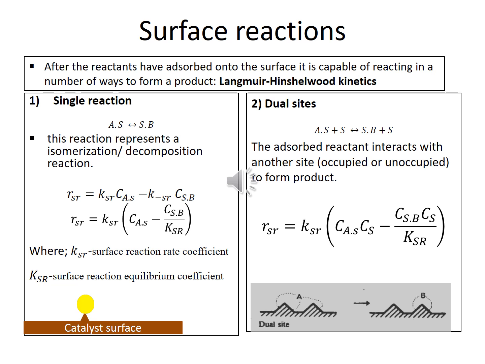And the next thing that we're going to look at is how the adsorbed molecules now react on the surface of our adsorbent or of our catalyst. So there are quite a number of possible ways that the reaction can occur. The first case we'll look at is called single site reaction. In this case, one molecule adsorbed on a site transforms to our product B, which is also adsorbed. And these are typically your isomerization and decomposition reactions.